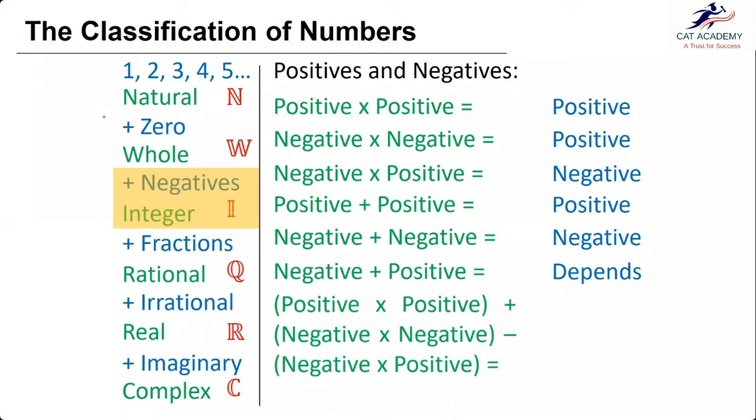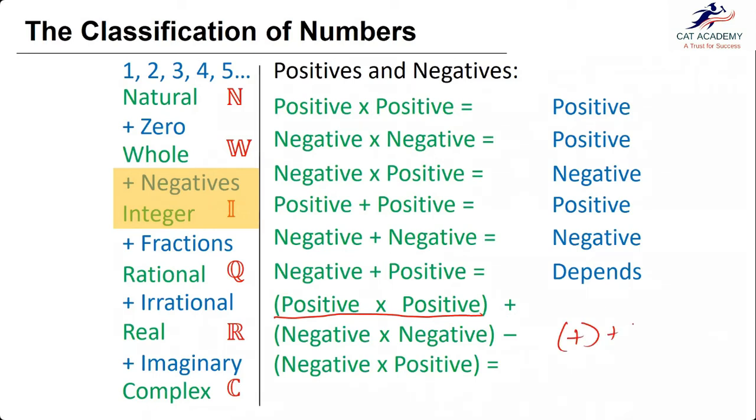So let's try an example. Say positive into positive plus negative into negative minus negative into positive. Can you tell me overall what will it be? Let's look at the first part. Positive into positive will be positive, then plus.